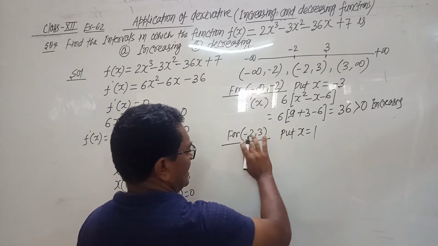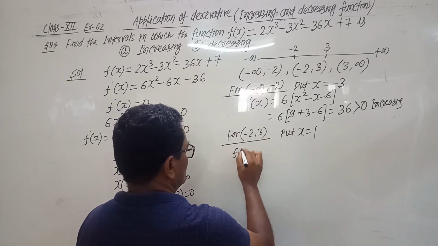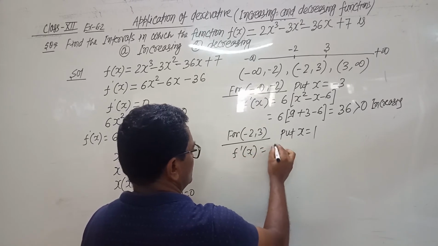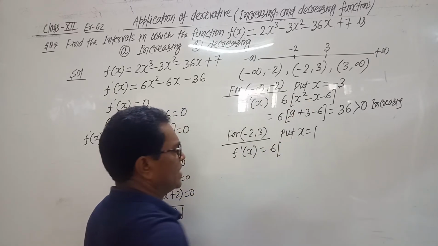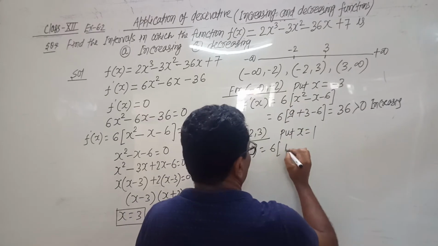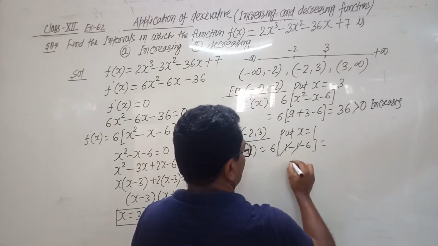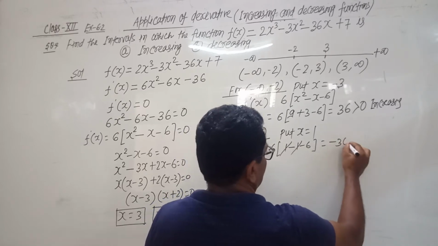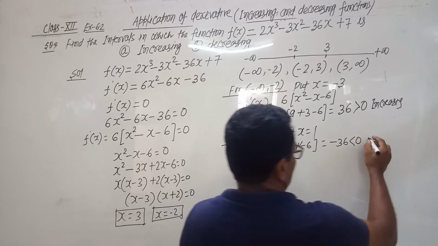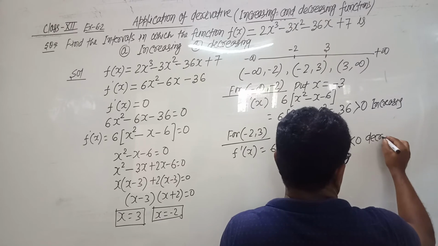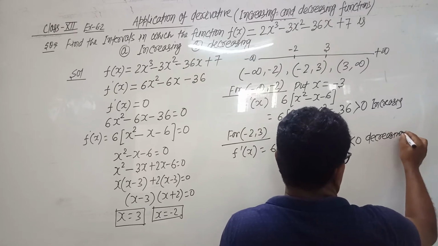Any value we can take lies between -2 and 3. So we get f'(x) = 6(1 - 1 - 6), and we get -36, which is less than 0, meaning in this interval the function is decreasing.